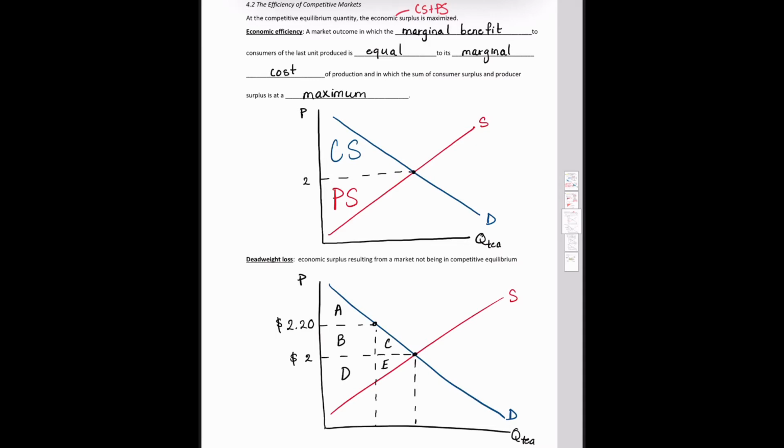We have supply and demand and the price of $2 we've talked about. At competitive economic equilibrium, the economic surplus is maximized. So we see here our consumer and producer surplus respectively in blue and red. Two concepts of economic efficiency result in the same level of output.